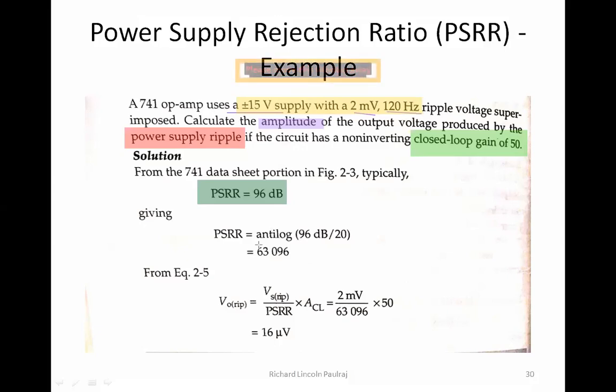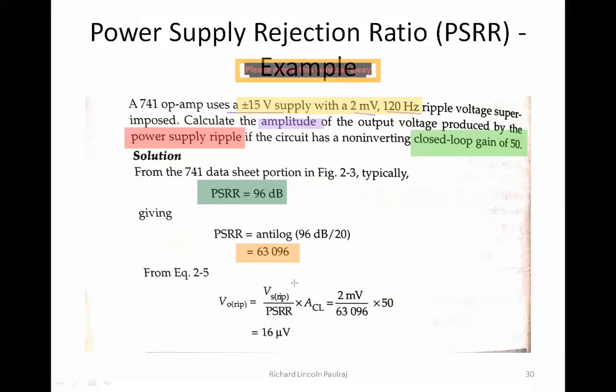Fine. So having this value, as I told you previously, you should have the formula written first, and then you can start filling in the values. So the output, we are writing V_out,rip, because it is the ripple format of the output voltage. Ripples means there are some disturbances there.